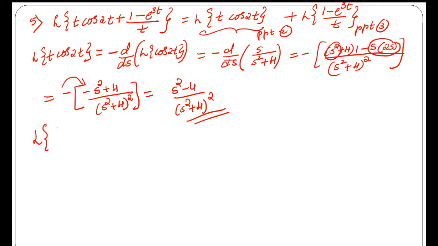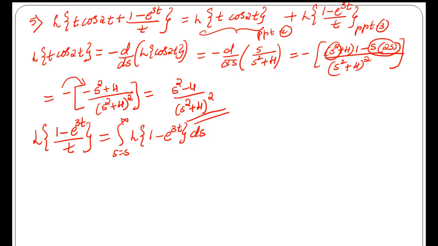Now solve the second one, that is the Laplace transform of (1 minus e power 3t) divided by t, using property number 3, that is integration from s to infinity of the Laplace transform of the numerator, f of t, with respect to s.